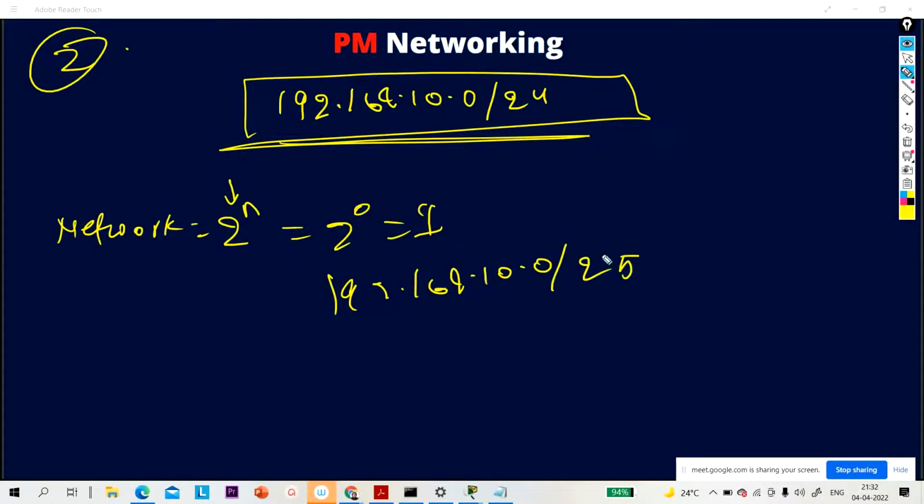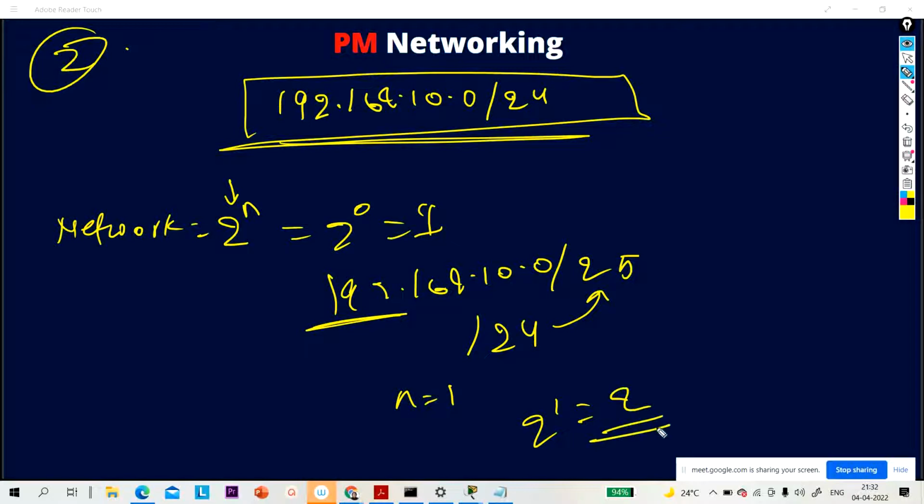192.168.10.0/25. Two networks. Why 2 networks? Because this is an IP address of class C. For class C, the default CIDR value is 24, and here I am using /25. That means I have borrowed 1 bit from my neighbor, so n equals 1. So the number of networks will be 2 to the power 1, that means 2.